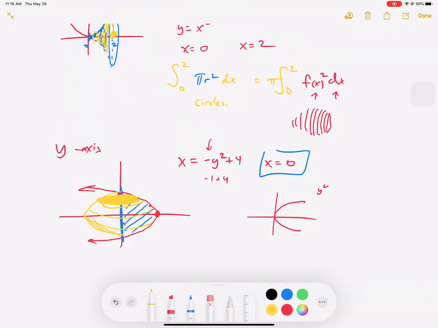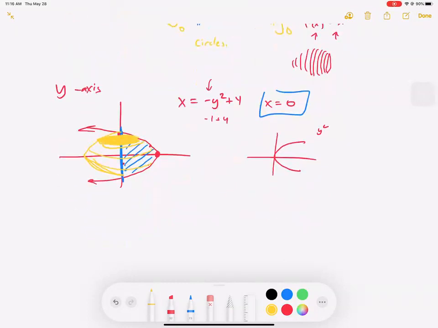So we do exactly what we did before. We say we're just adding up circles. And the circle here is pi r squared. What's the r value? The r value is the distance from the axis of rotation to the function. And that is an x value. See, isn't that an x value? That's an x value.